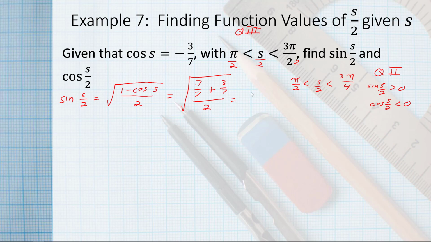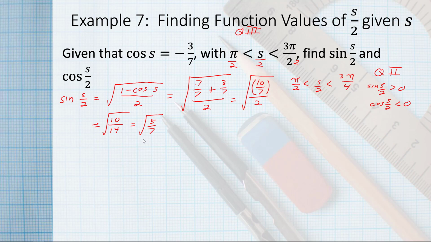That is going to be 10 over 7 divided by 2, once again taking the square root, and then that is going to give us 10 over 14, once again taking the square root. Now notice here that 10 and 14 have a common factor of 2, so we can actually simplify that fraction, and that will give us the square root of 5/7.